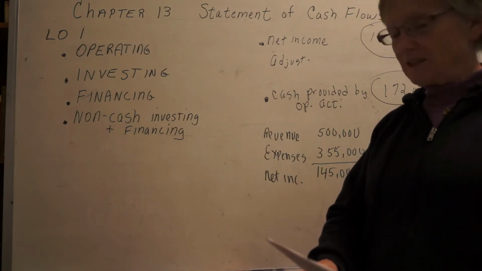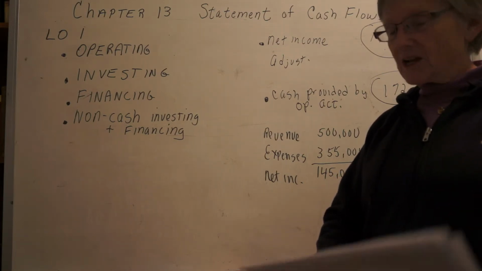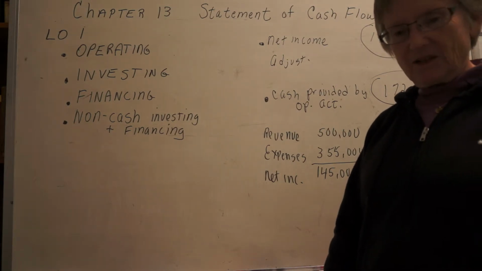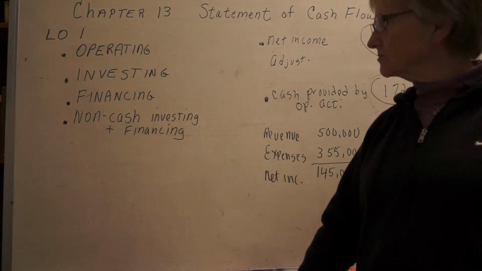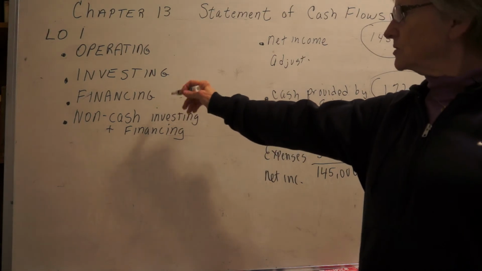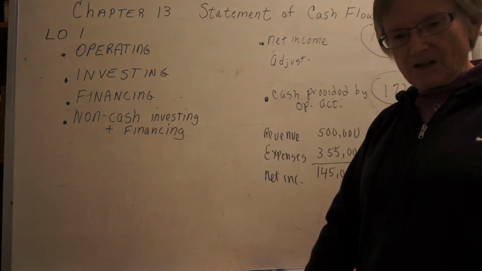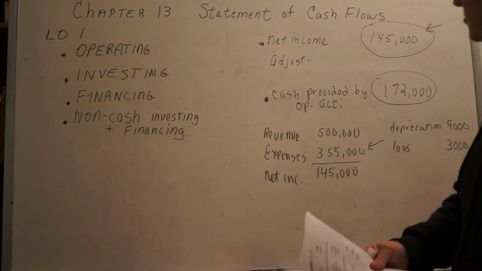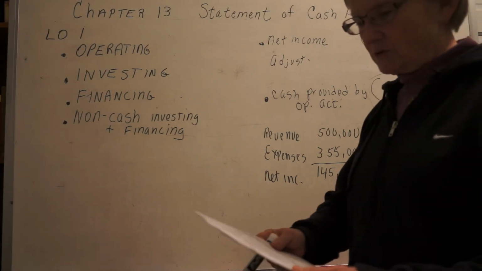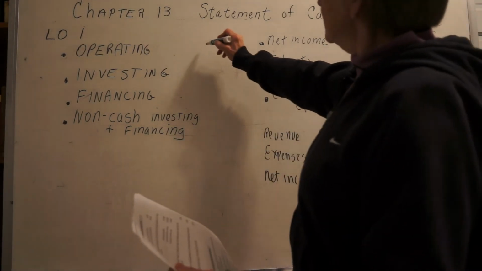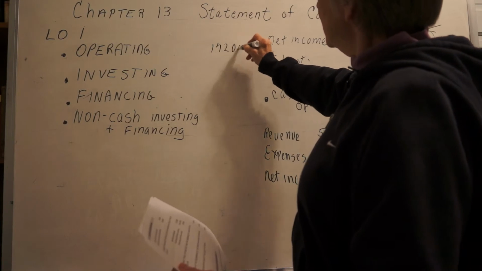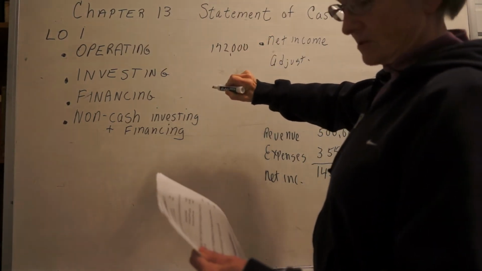Cash flow from financing, we got some cash by issuing stock, and then we used some cash to pay dividends. And again, there's no adjustments being made, it's simply what happened. So going back to looking at the statement, we compute, we had 172,000 provided by operating activities, okay?